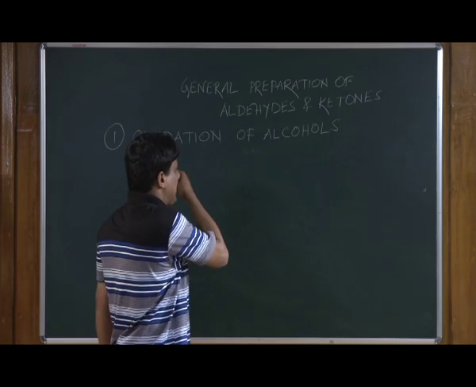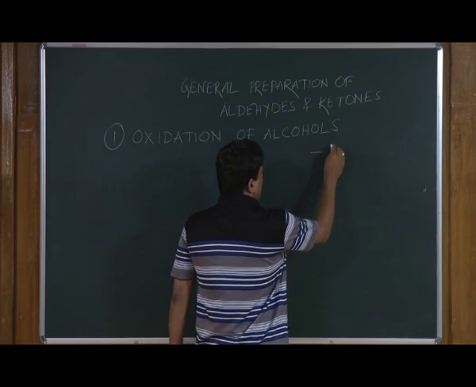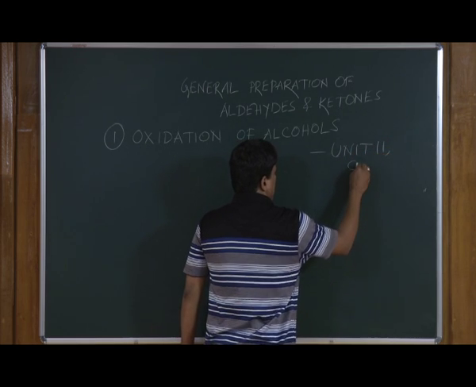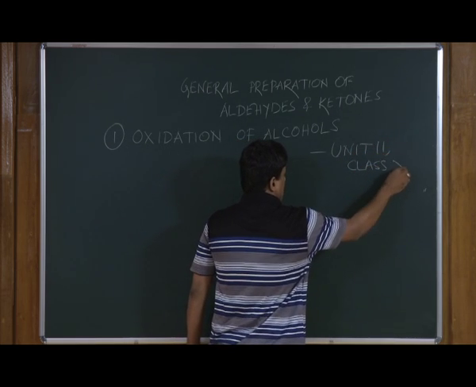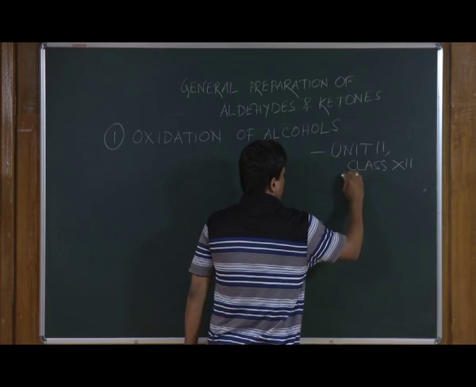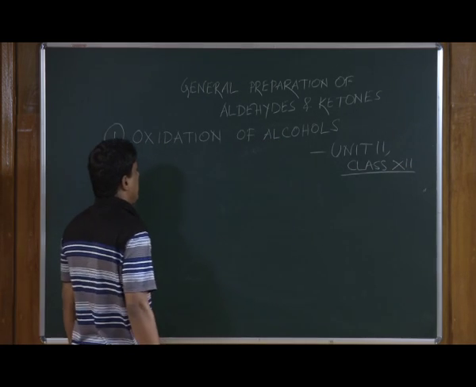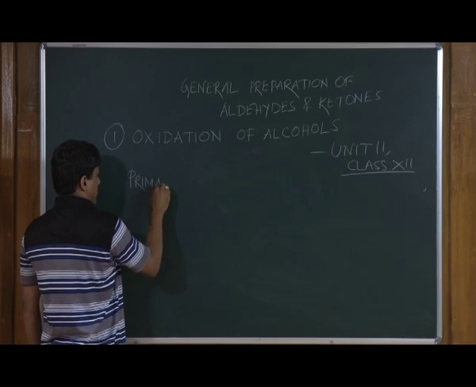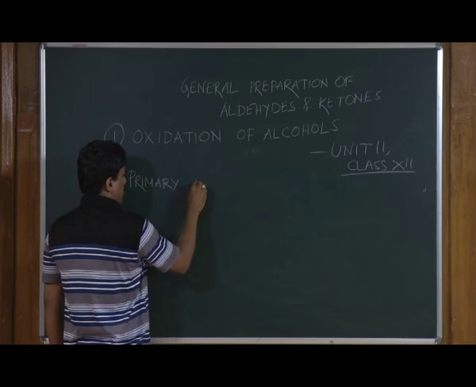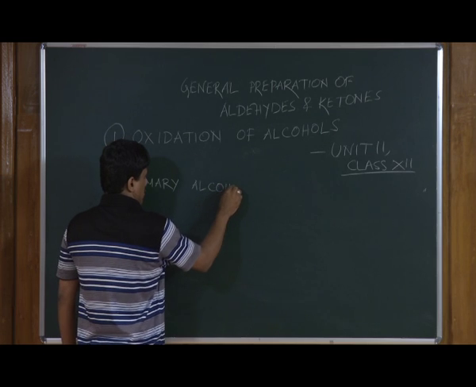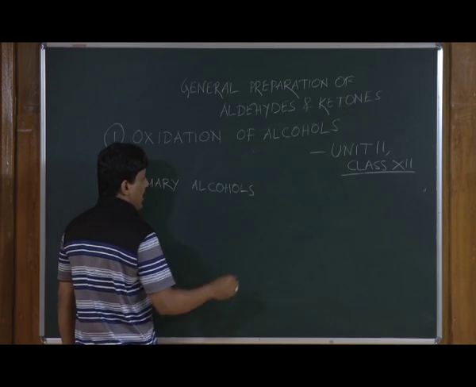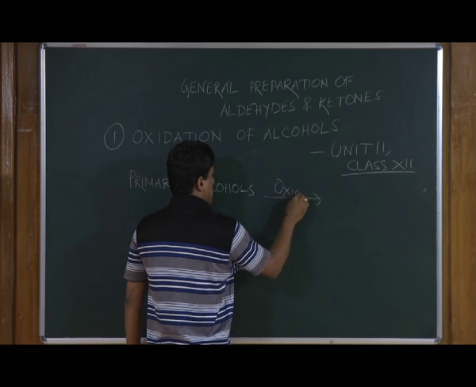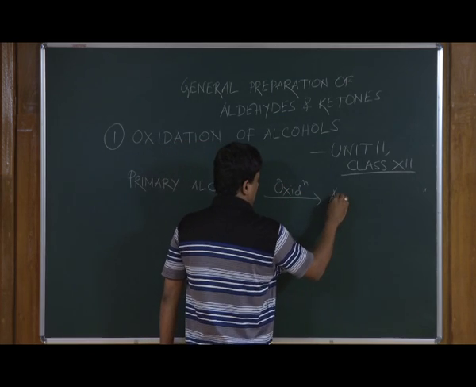And this oxidation has been extensively discussed in unit 11. So, here the primary alcohols on oxidation give aldehydes.